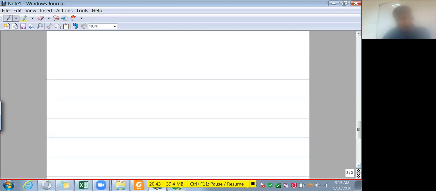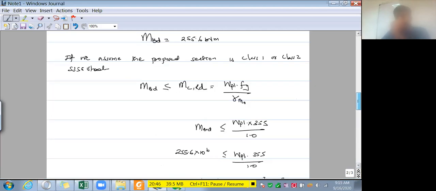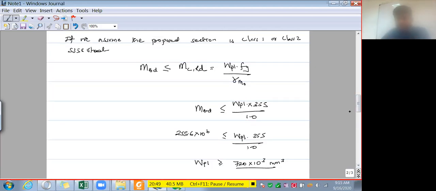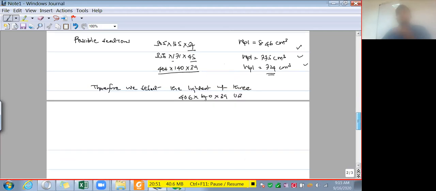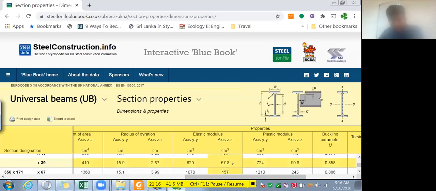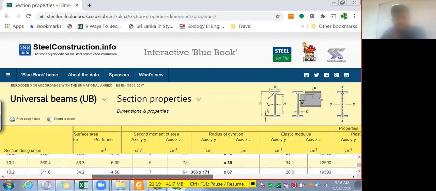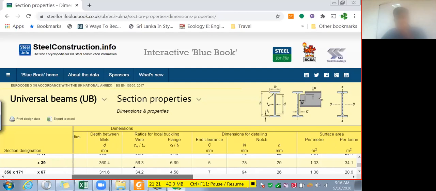Now for example, we assumed 355 steel and we substituted 355, so we need to see whether it satisfies. And also it should satisfy the classification. So now we need to see the classification. I have shown you how to do the classification, so I'm going to take the values from here.